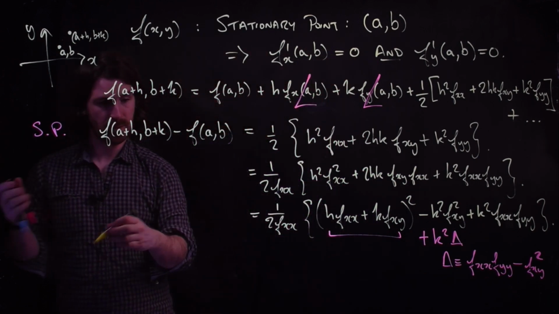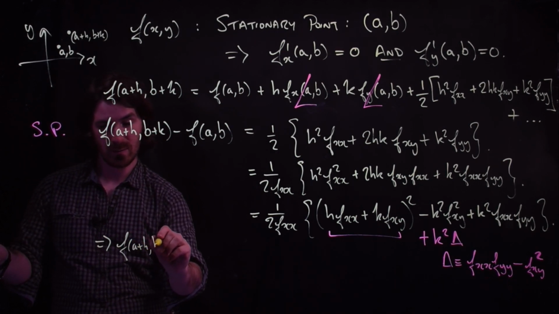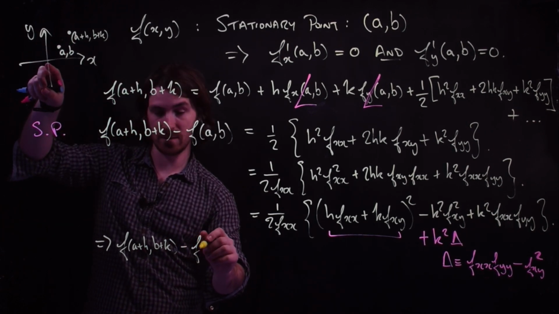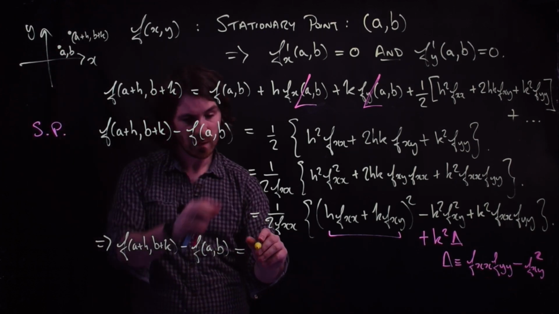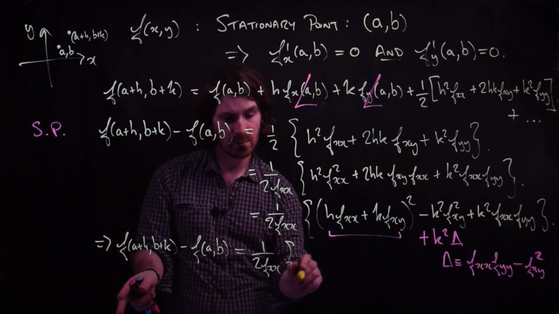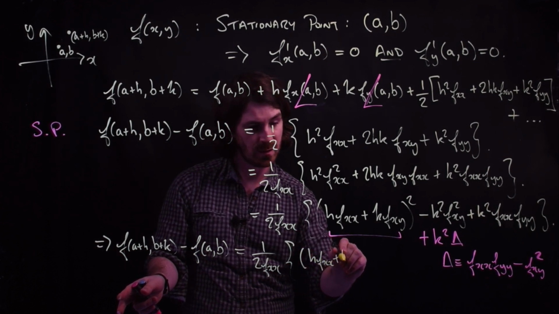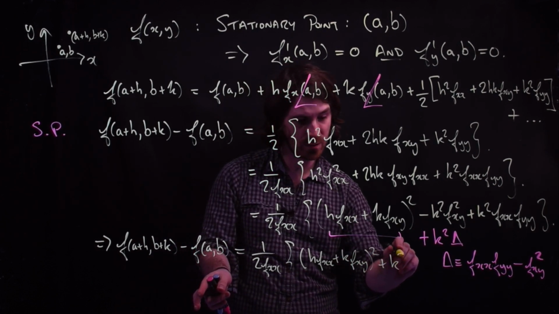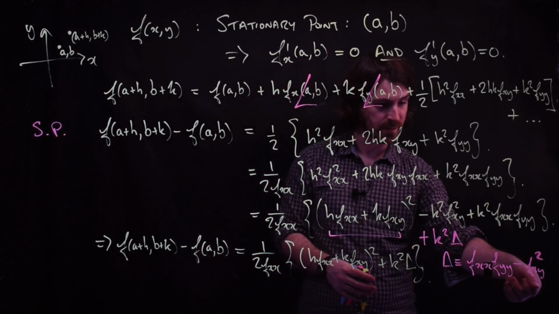So we find that the difference in our function, f of a plus h, b plus k, the function evaluated at this point, take away the function evaluated at (a, b), is equal to 1 over 2 f_xx, times this thing that's squared, h f_xx plus k f_xy squared, plus k squared delta, where this is delta.